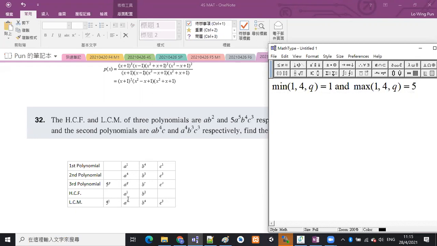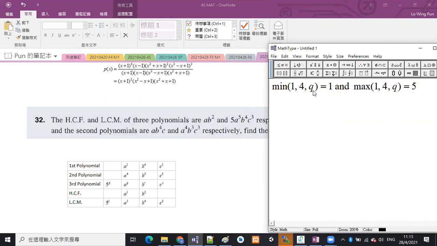But we know that for the HCF it should be a power 1, which means that the smallest index should be 1. The minimum value among these 3 indices should be equal to 1. And because the LCM is a power 5, the largest index among these 3 should be equal to 5. Can you get the idea?